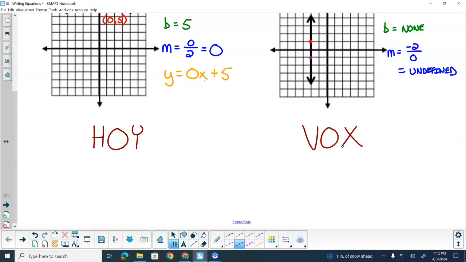HOY stands for horizontal, only y. So a horizontal line only has y in it, no x's. VOX stands for vertical, only x.